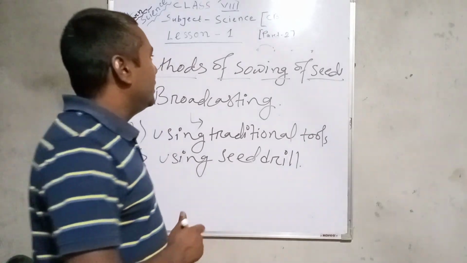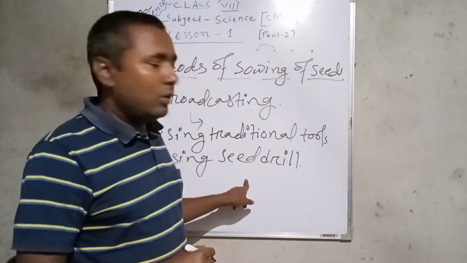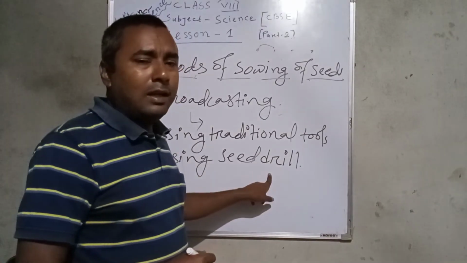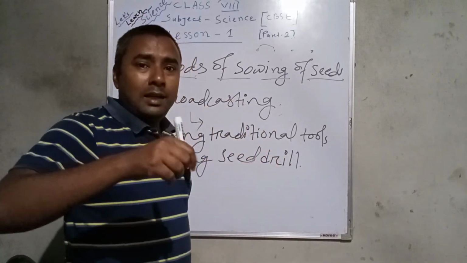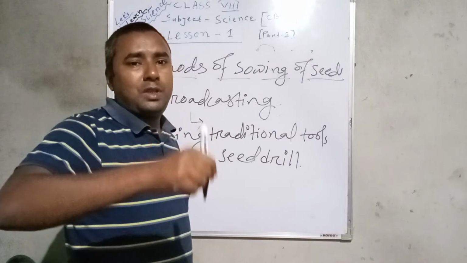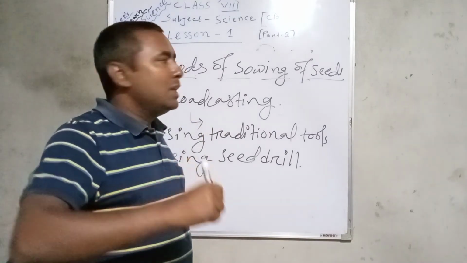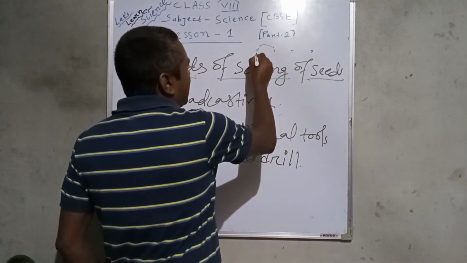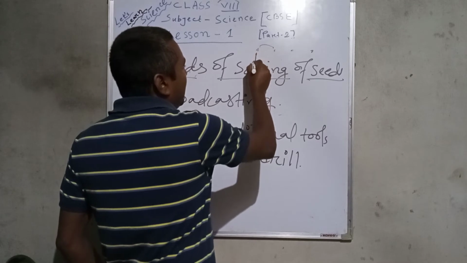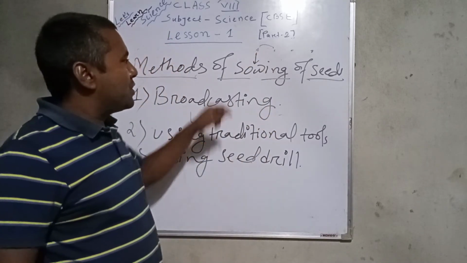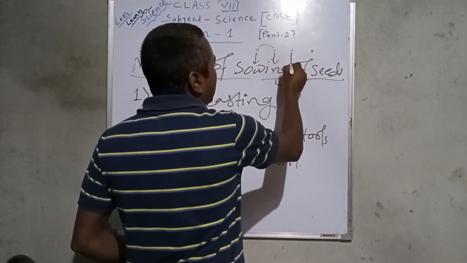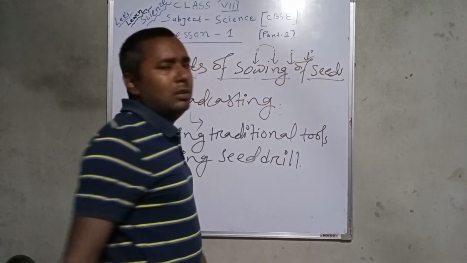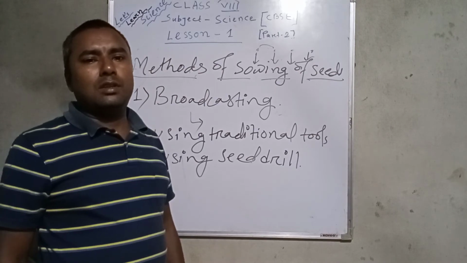As well as when the seeds are sown by using seed drill, the seeds are also deposited at a fixed depth in the soil. Suppose this seed has been deposited at 5 centimeter inside the soil, then this one also 5 centimeter, this one also 5 centimeter, this one also 5 centimeter.